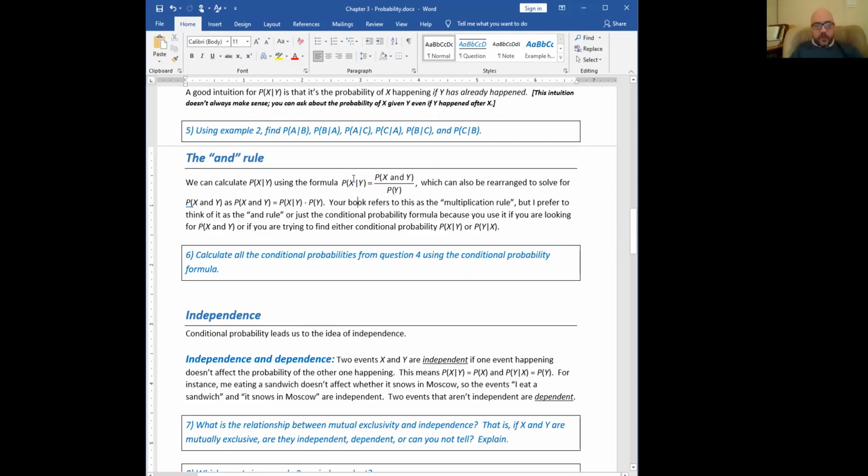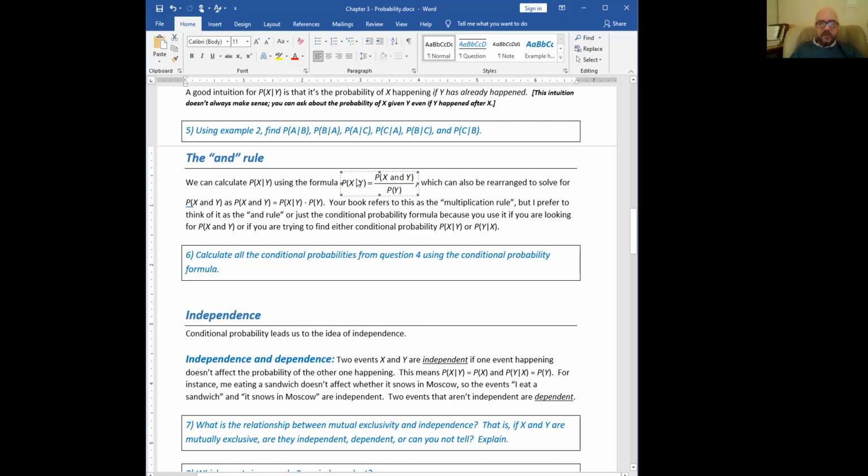Now, one nice thing about this is you can see that the Y is the thing in the denominator here, and the given bar sort of looks like a fraction bar. Don't write it as a fraction bar. It's a vertical line. Don't make it diagonal or anything. That'll just be confusing.